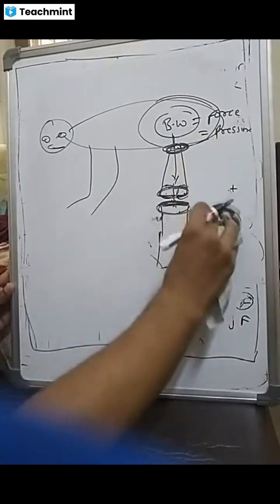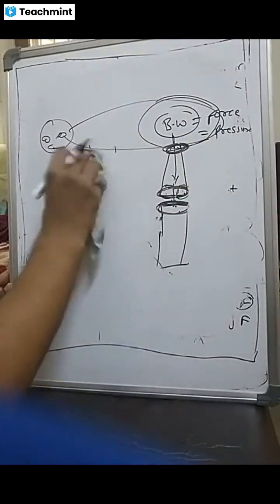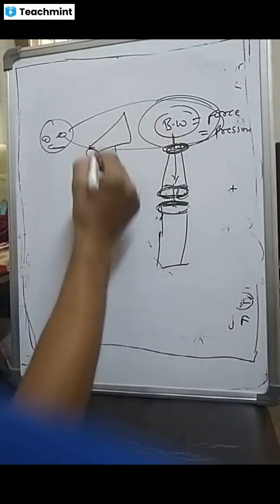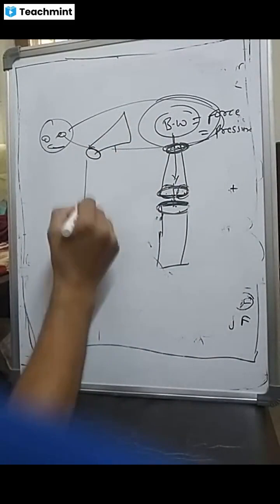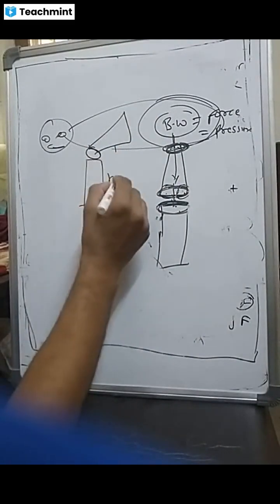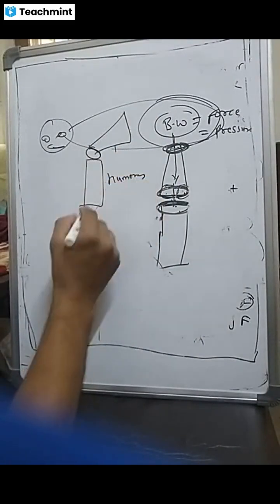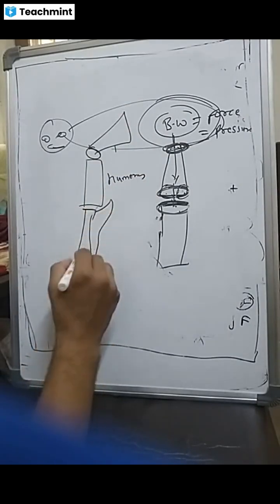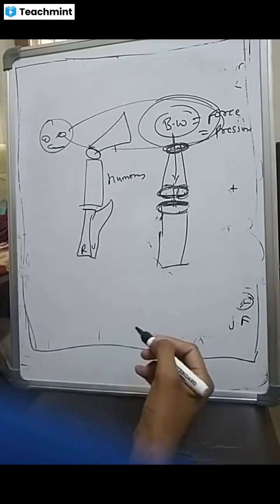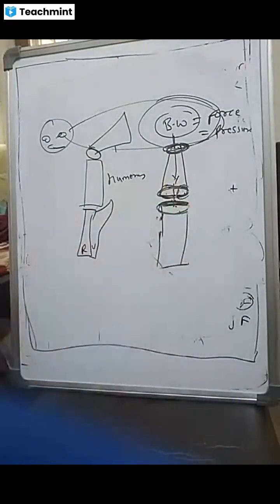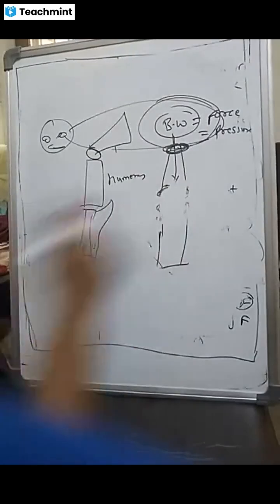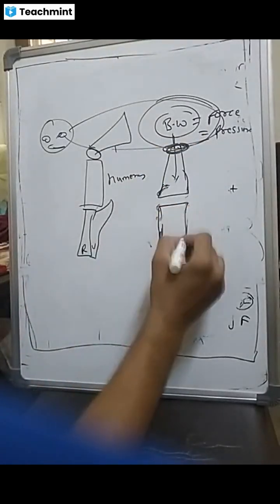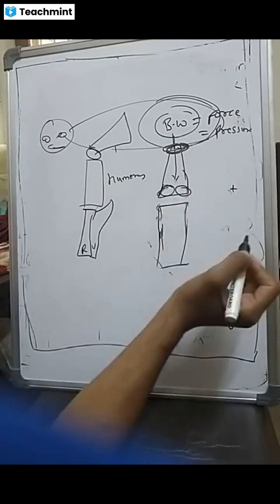Here is the scapula, then the humerus, and we have the radius and this is the ulna. Pressure epiphyses are the head of the femur and the condyle of the femur.